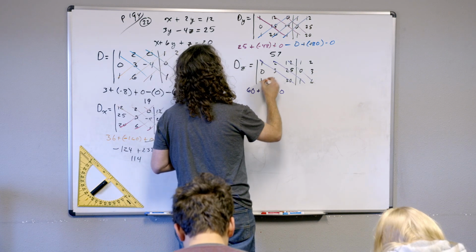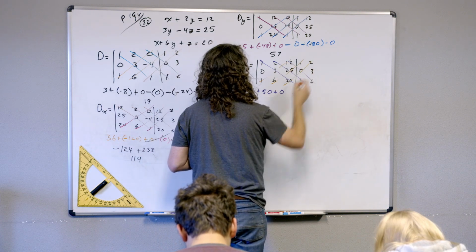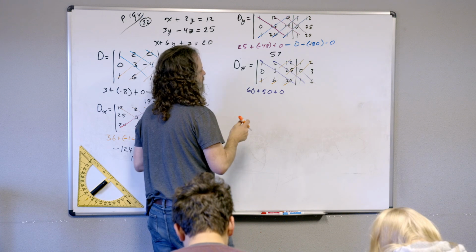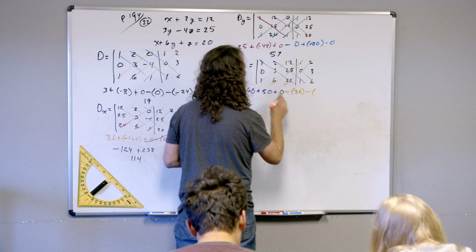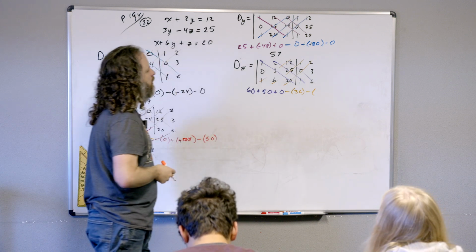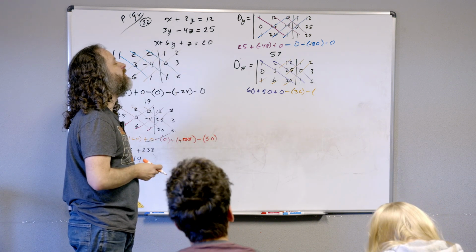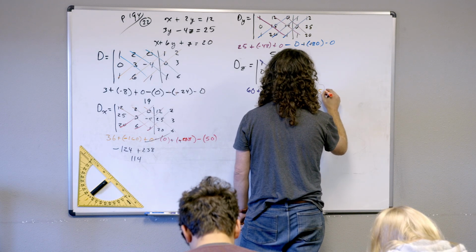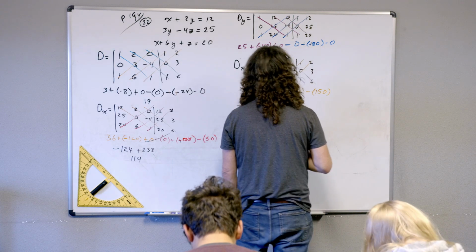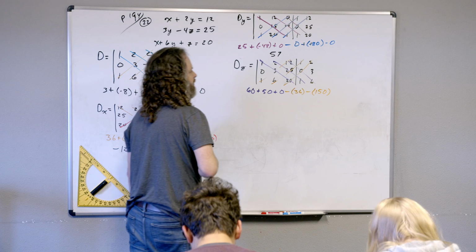And then 1 times 3 times 12 is 36. So minus 36. And then minus 6 times 25 times 1 is 120 plus 30, so 150. I guess that would have been easier to think about in quarters, but that's fine.